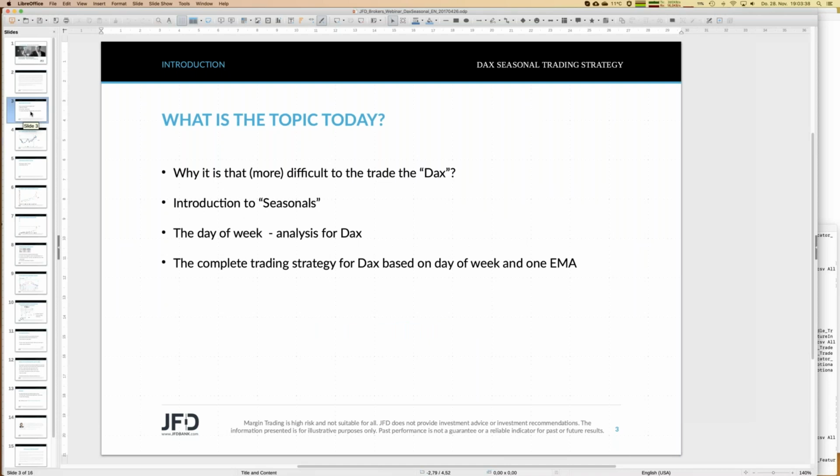Since I get a couple of questions from time to time about differences in trading the DAX compared to other indices like the S&P 500, and most people realize that DAX trading is a little bit more tricky than other indices, I will give you an answer for that.